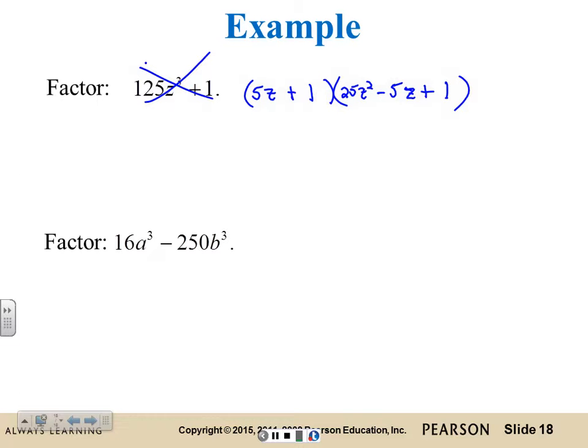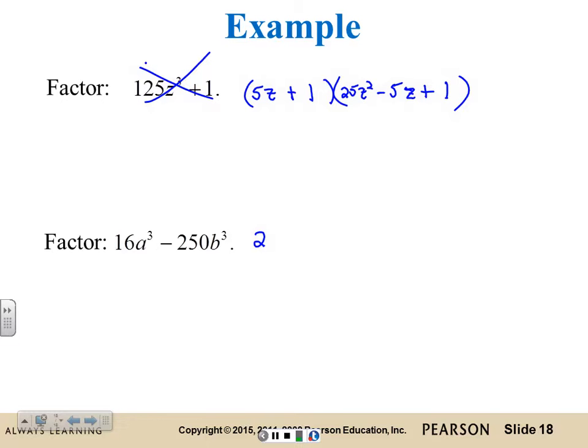Let's see, what's in common here, guys? 16 divided by 2 and 250 divided by 2. That's it. Alright, so there's a 2 in common, so we're going to take that out. So I knew that because neither 16 nor 250 were perfect cubes. So there is something in common here.